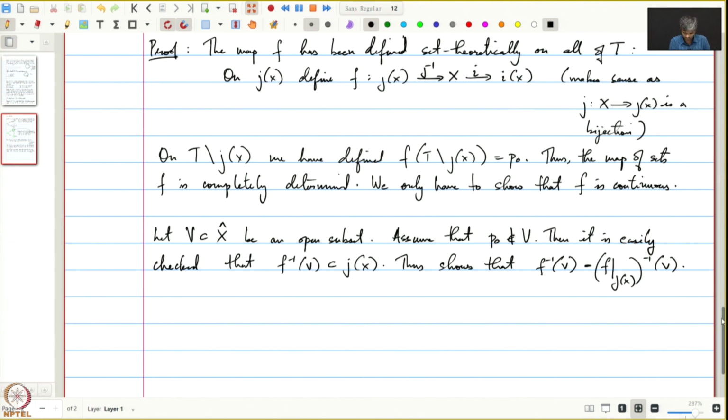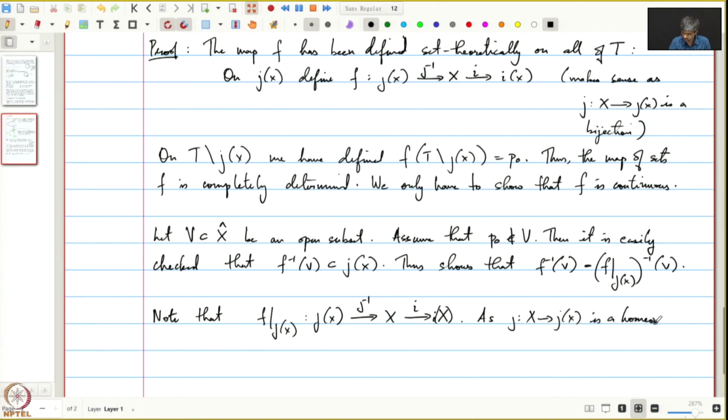Now, note that F restricted to J of X is from J of X to X by J inverse, and this composed with I to I of X, right? And as J from X to J of X is a homeomorphism, this implies that J inverse is continuous.